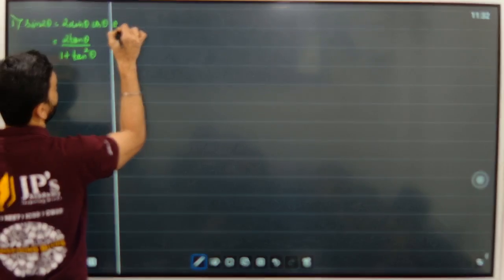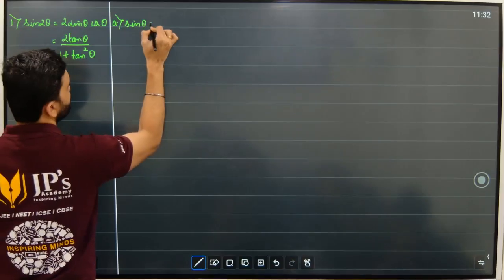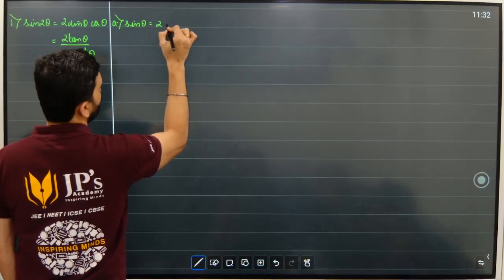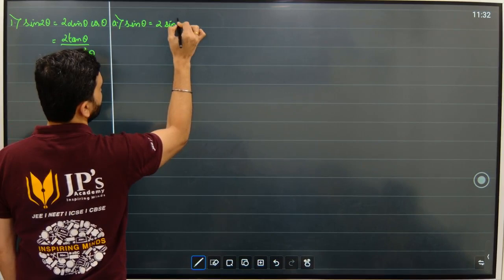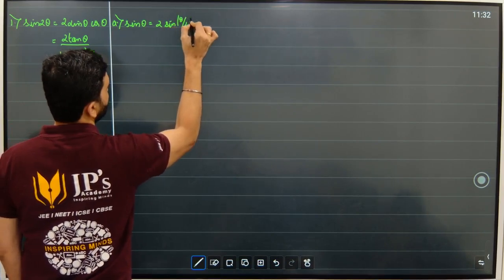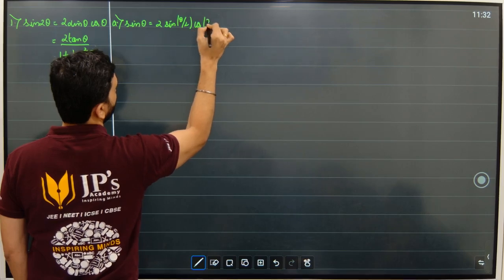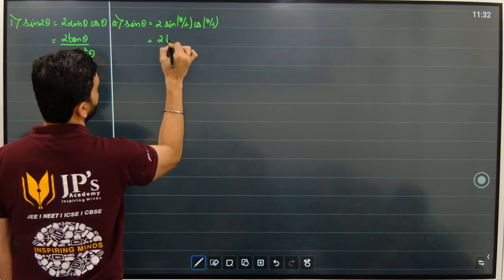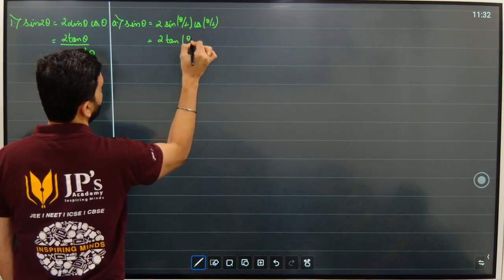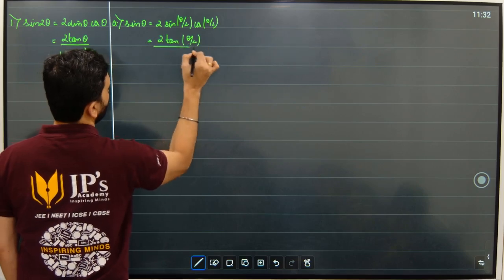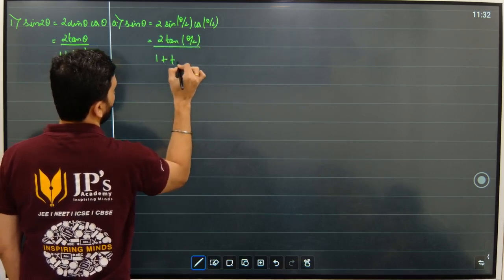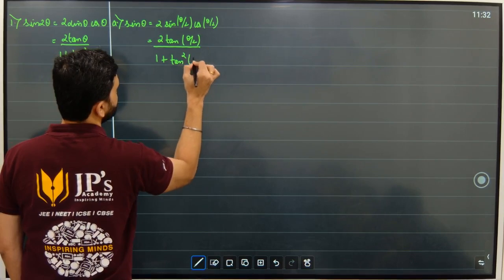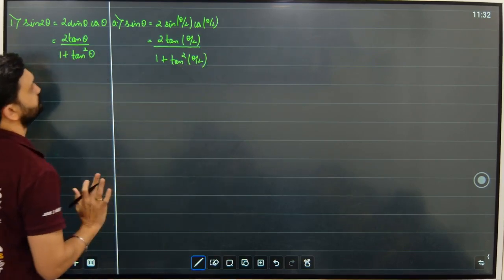If I write the half angle, sin theta is going to be 2 sin theta by 2 cos theta by 2, and the second formula is 2 tan theta by 2 upon 1 plus tan square theta by 2.